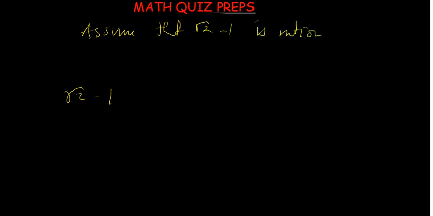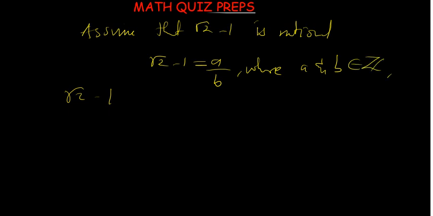If you assume that it is rational, it means your root 2 minus 1 can be written in the form a over b, where a and b are integers, and b is not equal to 0. Now you can take the 1 this side, that will be root 2 is equal to a over b plus 1. So that will be root 2 is equal to a plus b over b.